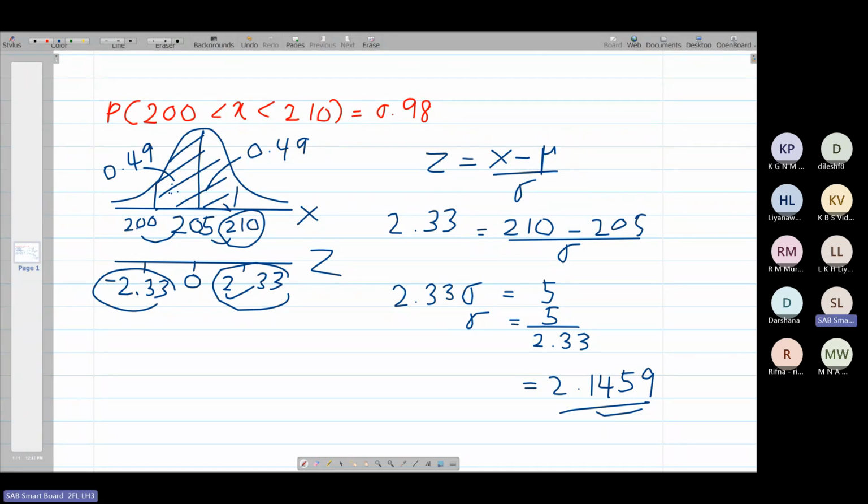Question number 4 in the final exam paper is from the normal distribution. You will practice all the questions in the worksheet. Then you can easily write the answer for question number 4.